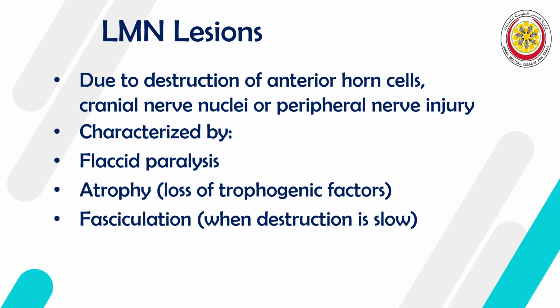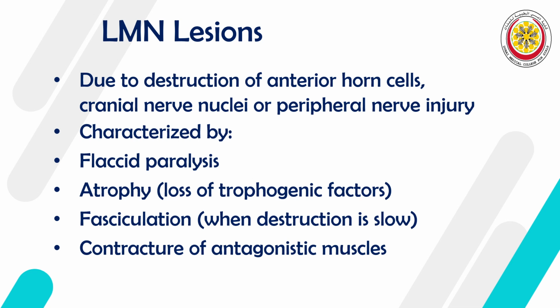And there is something called fasciculation. When you look at the muscles or touch them, you feel flickering of the muscles. This is called fasciculation. And when the destruction is gradual and slow, they start developing this fasciculation.